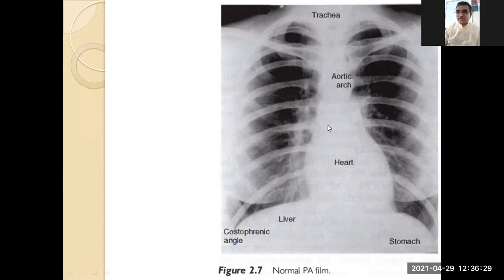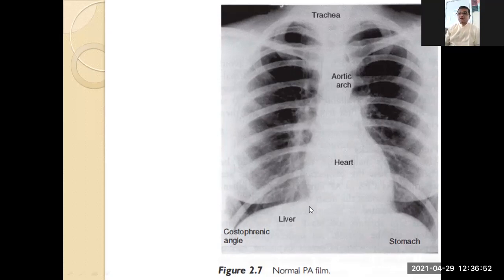You can see this is the hilum, where the many arterioles, venules, capillaries, lymphatics and bronchus go inside and come out. That is the reason the structure is known as the hilum.